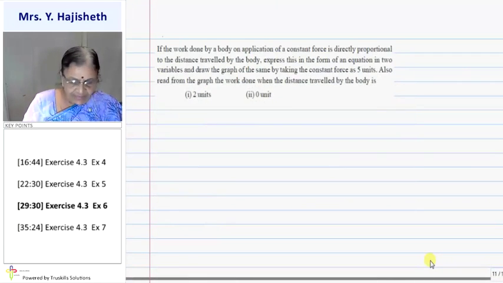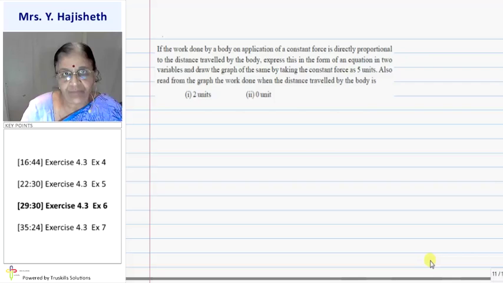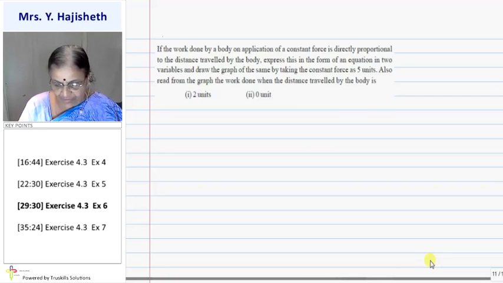Now see, in sum number 6, we have to form the equation. If the work done by a body on application of a constant force is directly proportional to the distance travelled by the body, express this in the form of an equation in two variables and draw the graph of the same by taking constant force 5 in it.